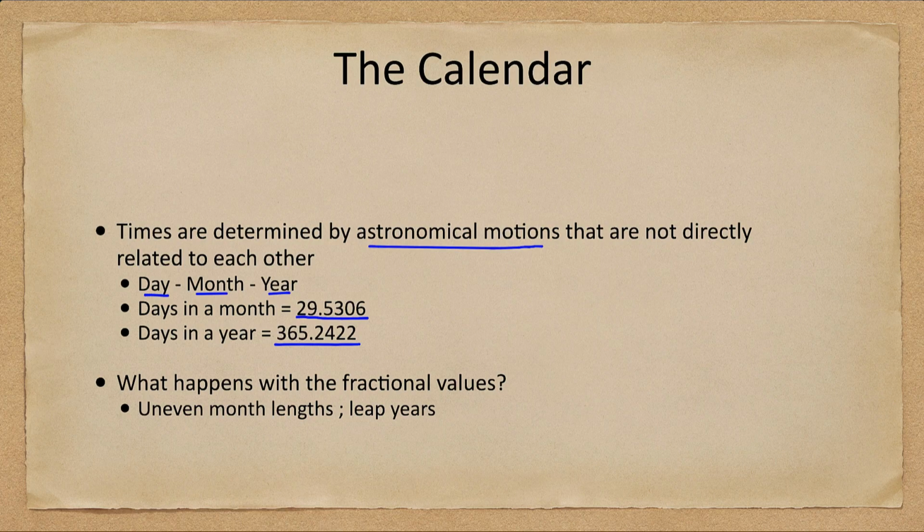There's no reason that these are going to be exact numbers of days. So we end up with months of uneven lengths and leap years because nothing ever fits together quite right.